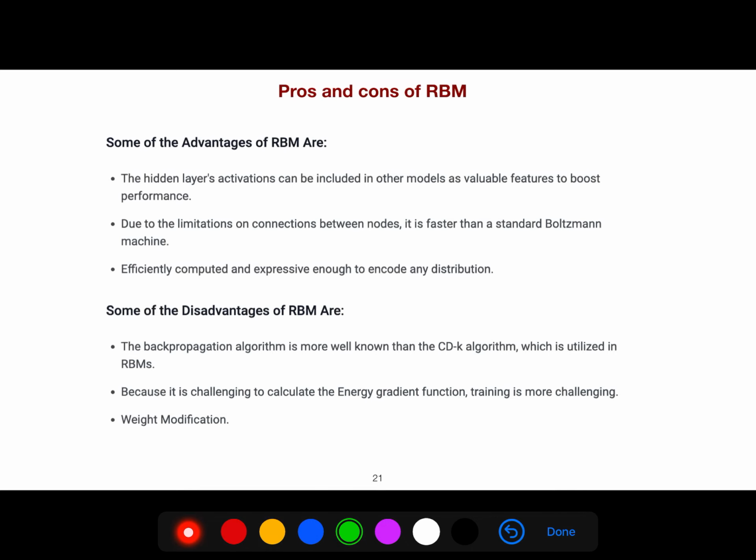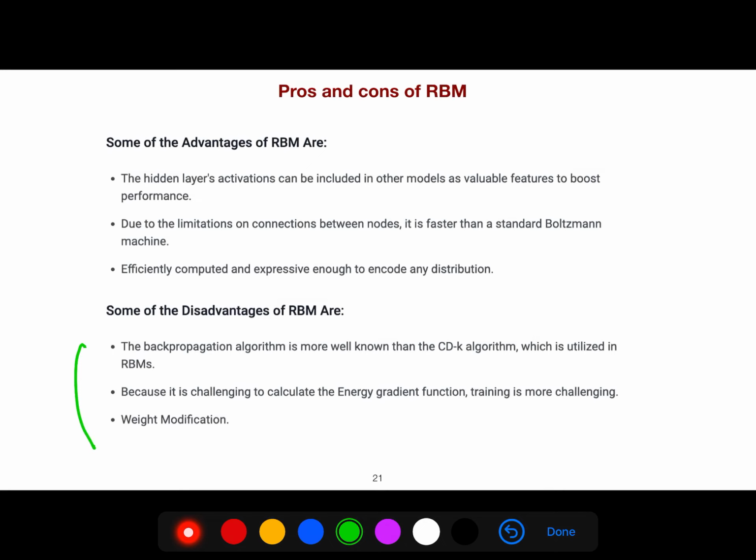So there are pros and cons of the restricted Boltzmann machine. The advantage is that the hidden layers can be included in other models as valuable features to boost performance. Due to limited connections between nodes, it is faster than a standard Boltzmann machine, efficiently computed and expressive enough to encode any distribution. But what are the cons?